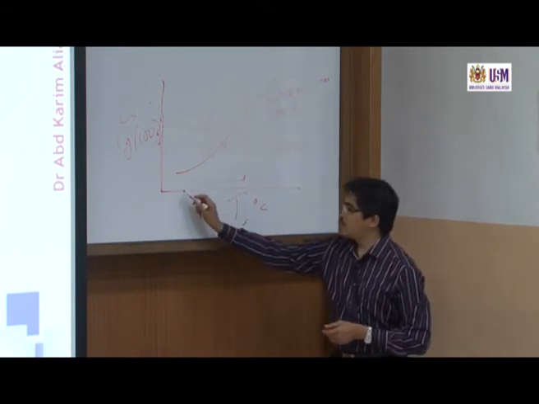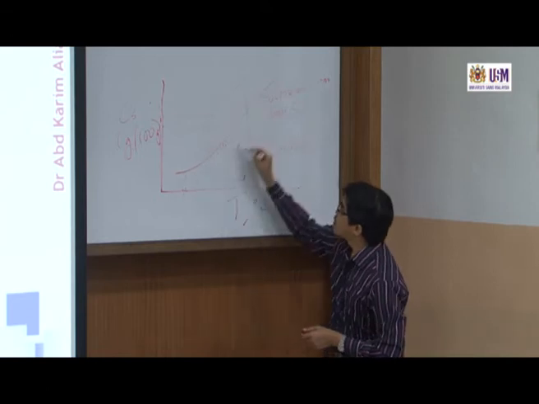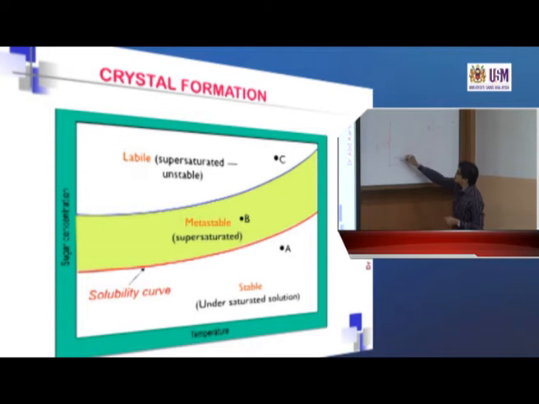Then we can see that at lower temperature and at higher temperature, the solubility is different. And any value on the curve, the CS value on the curve here, is actually the equilibrium value.